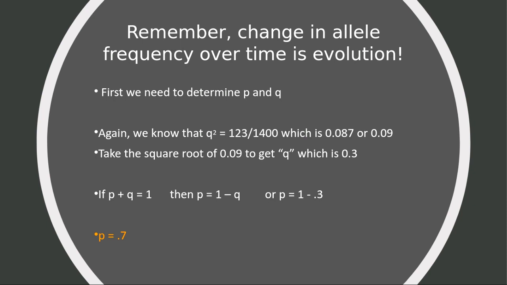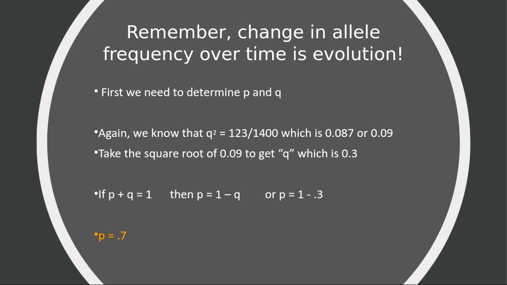We take the square root of 0.09 to get Q. And again, you pop it into Google or use your scientific calculator, and we get the square root of 0.09, which is going to be 0.3. All right, so then again, P plus Q has to equal 1.